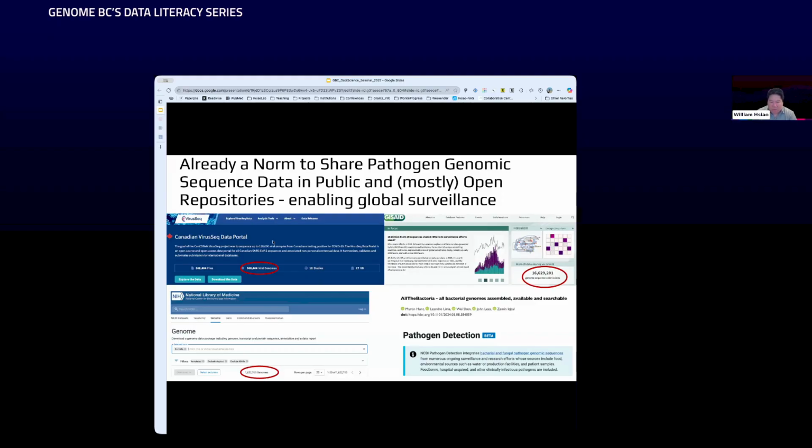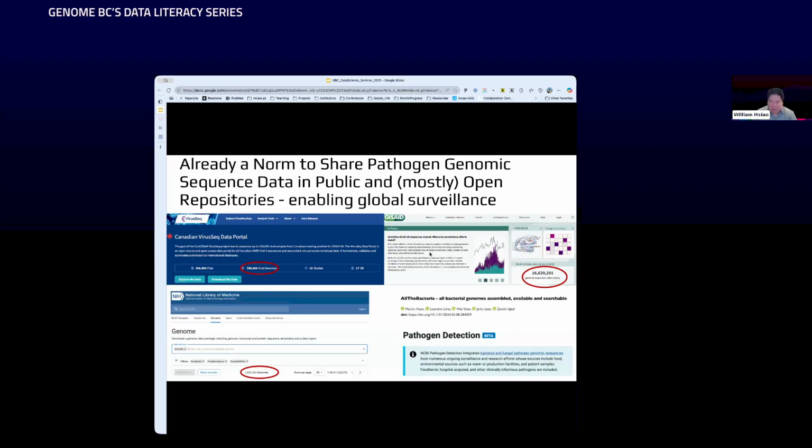And during the pandemic, for example, we created a Canadian portal hosted by McGill and administered by the Ontario Institute for Cancer Research, and deposit all the SARS-CoV-2 genomes that were sequenced in Canada by both our public health system and the research groups, and make them available publicly.